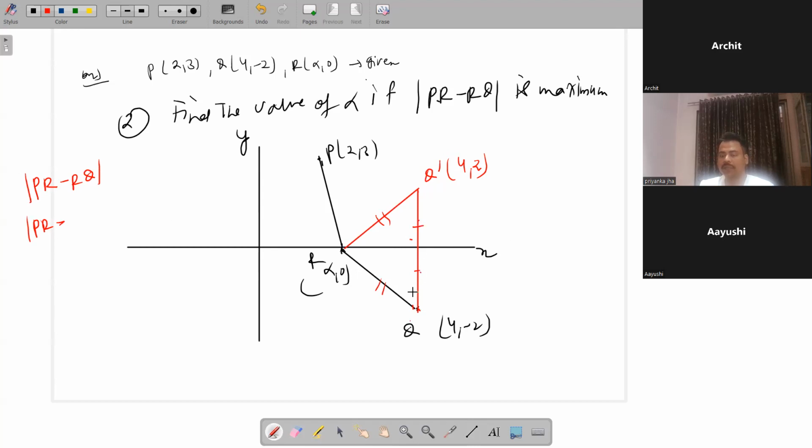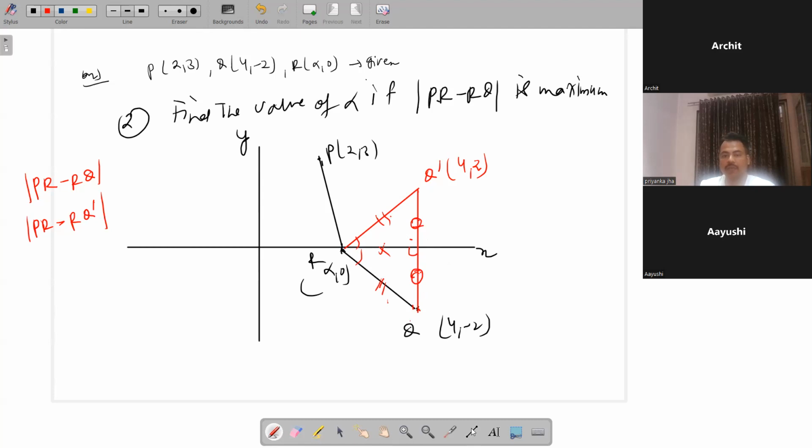This angle is 90 and this is completely symmetrical, so this angle will be the same. This distance is equal to this distance. This is common. So if you apply Pythagoras, this distance will be similar to this distance. Both will be exactly the same.